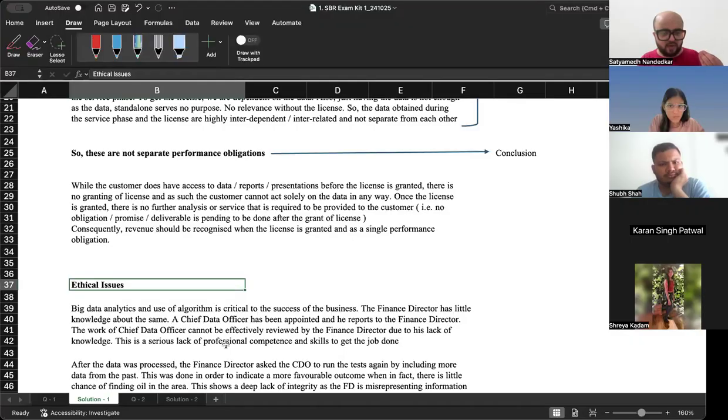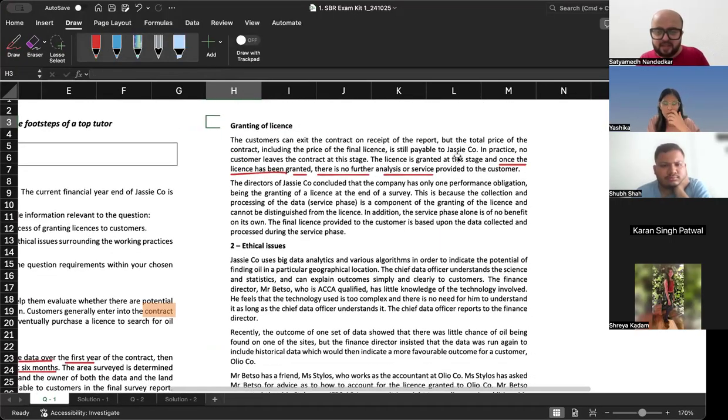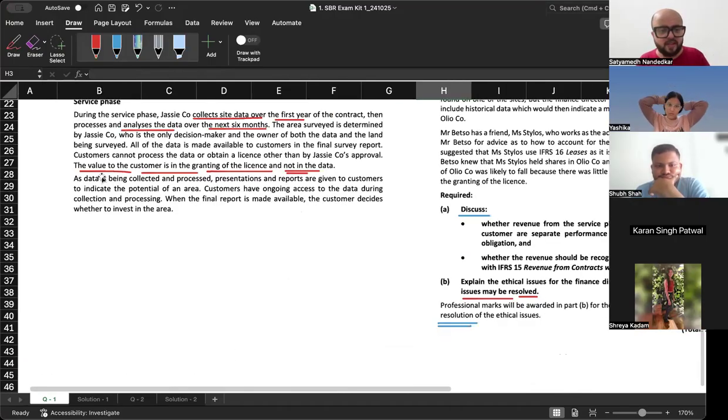Here, very clearly, see, if you observe the words of the question, what have they said? The license is granted at this stage, and once the license has been granted, there is no further analysis or service provided to the customer. Okay, now they have written one more point. What is that?